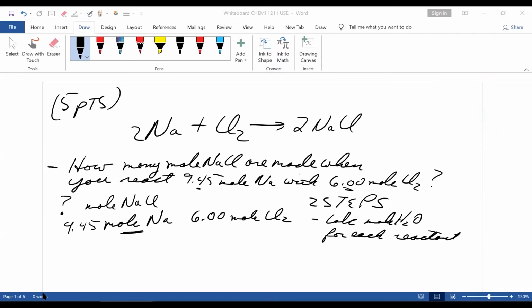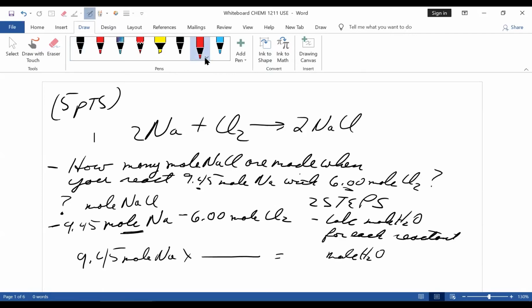And that would be, if we come down here, we want to go for each reactant. You want to convert that to how many moles of product would be made if all of it reacted. And here, in this case, our product is water.